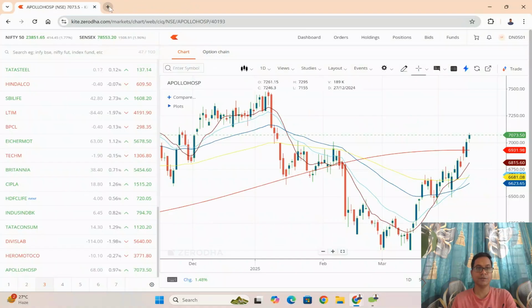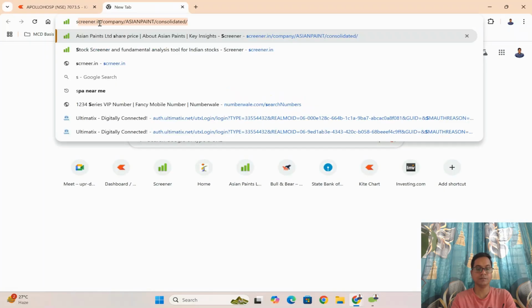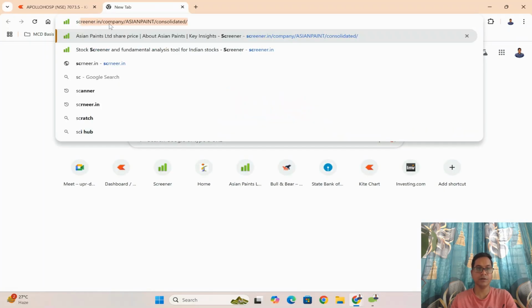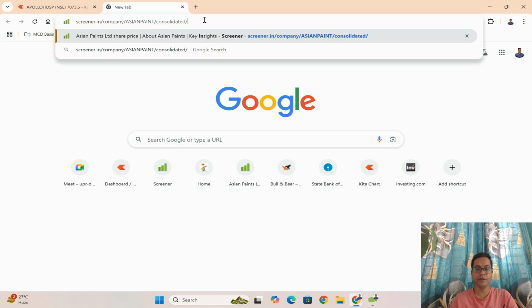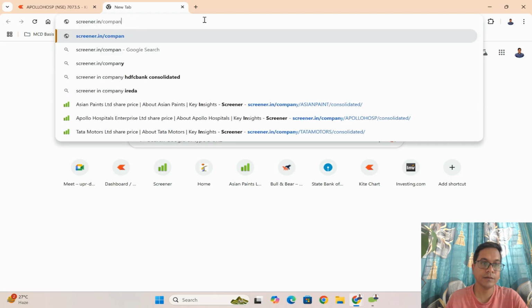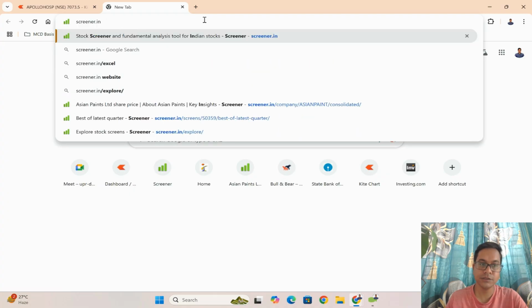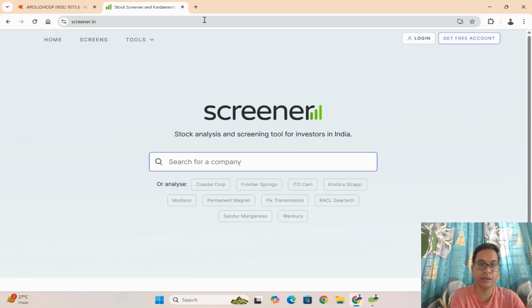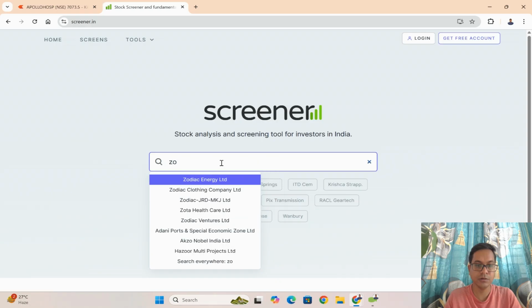First, there is this website called screener.in. You open it and enter the company name. You can take anything, for example, let's say Zomato. What happened to Zomato?